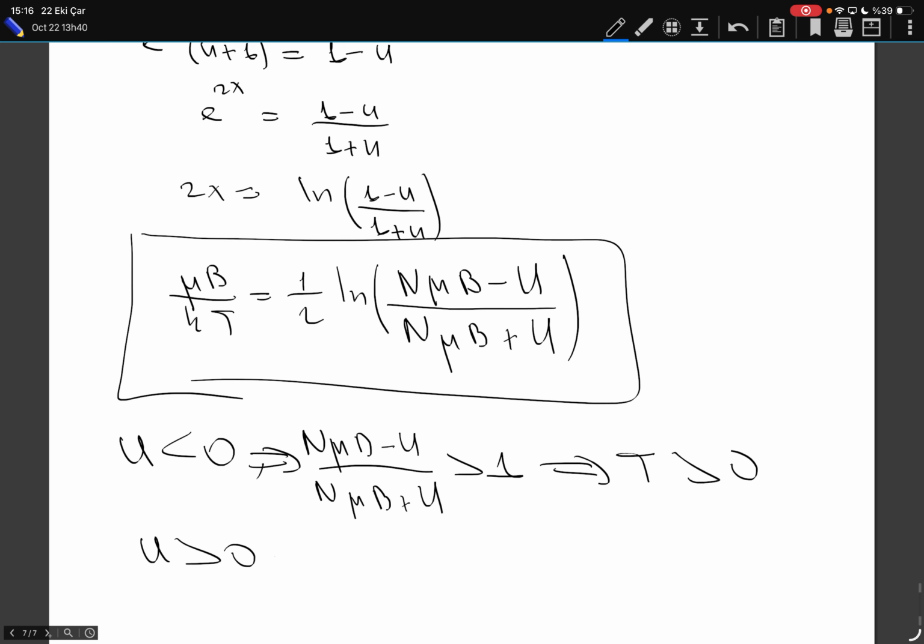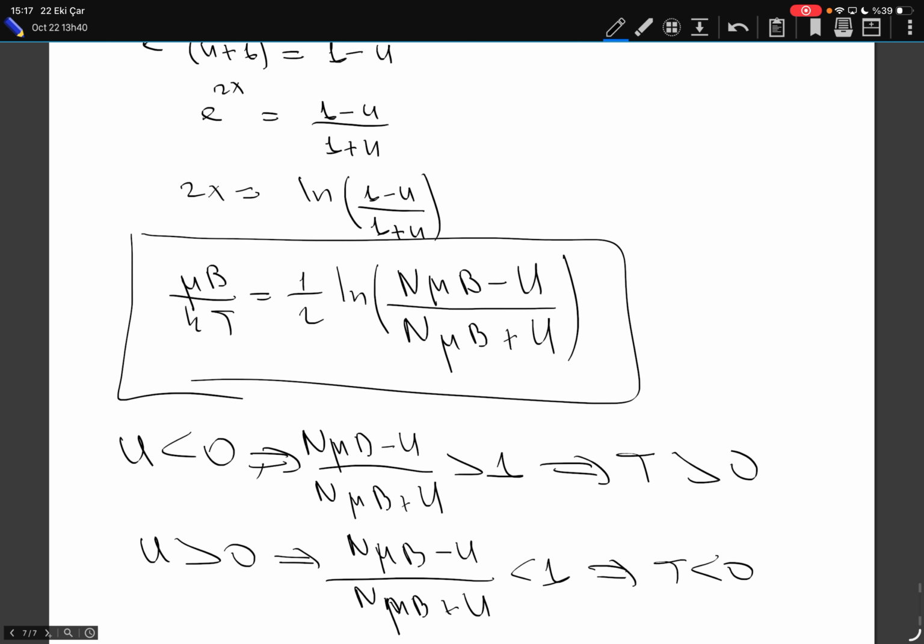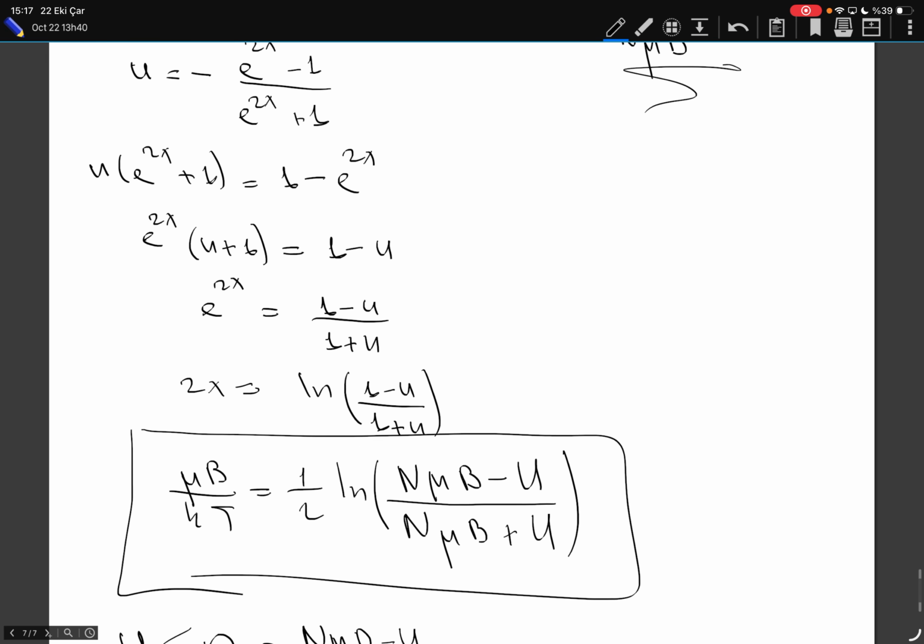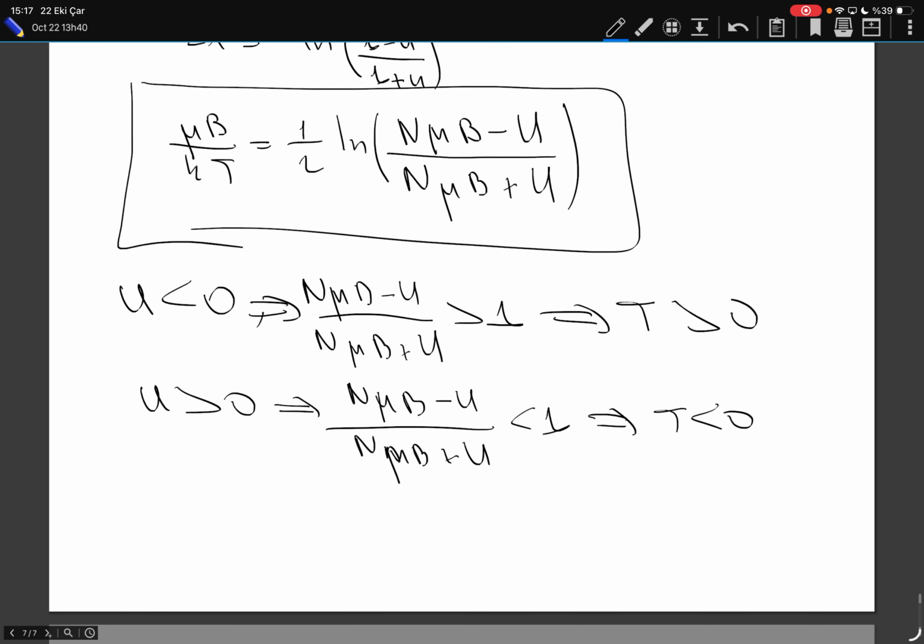If u is positive, this is less than 1, and hence we have negative temperatures. So any questions? U was the energy of the system, right? U is the energy of the system.